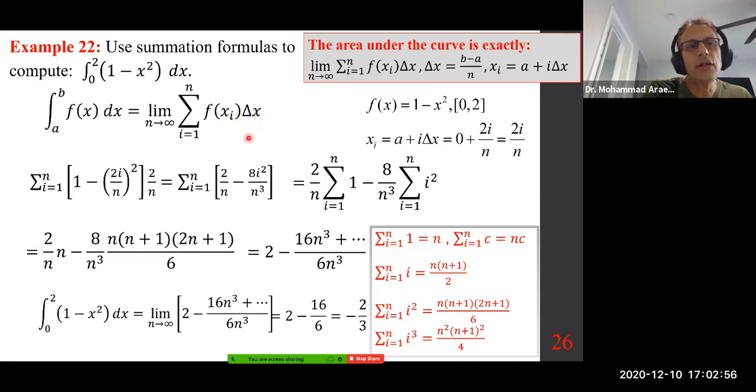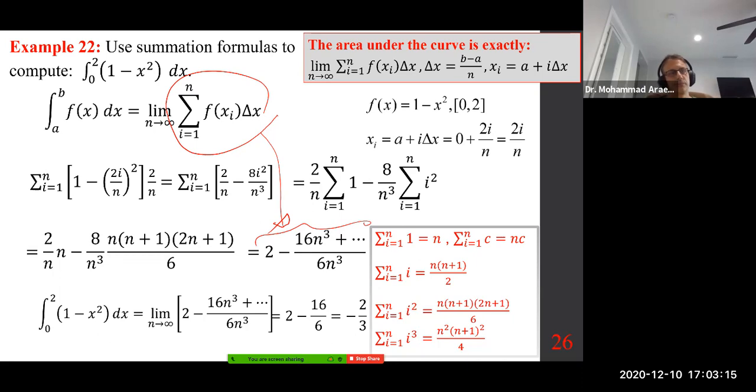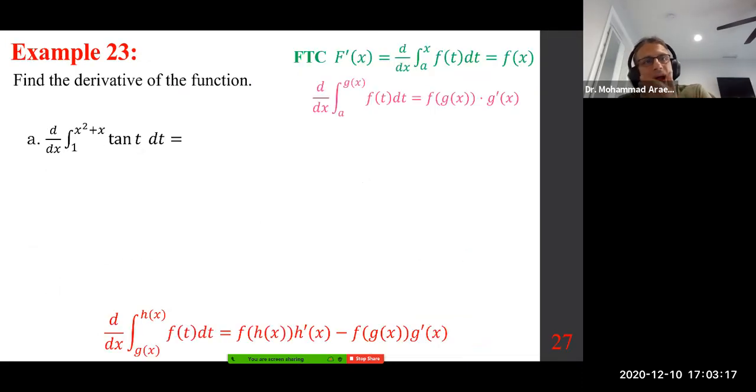You can evaluate this without the limit, and then at the end, take a limit of that. So we are evaluating this part. Okay.